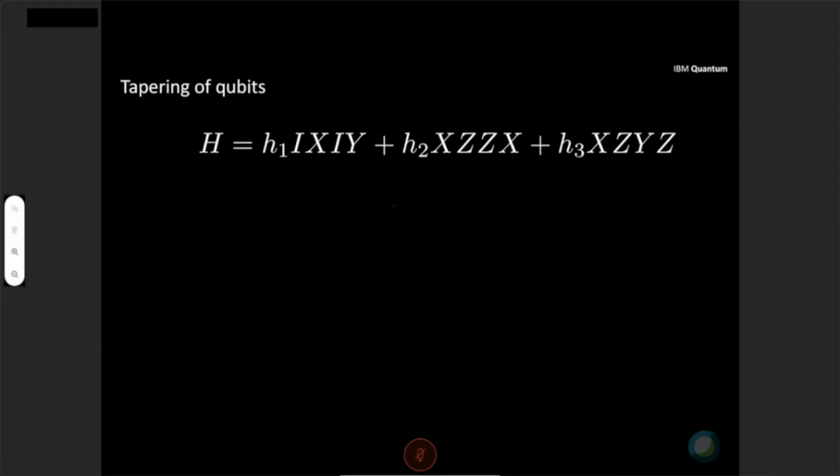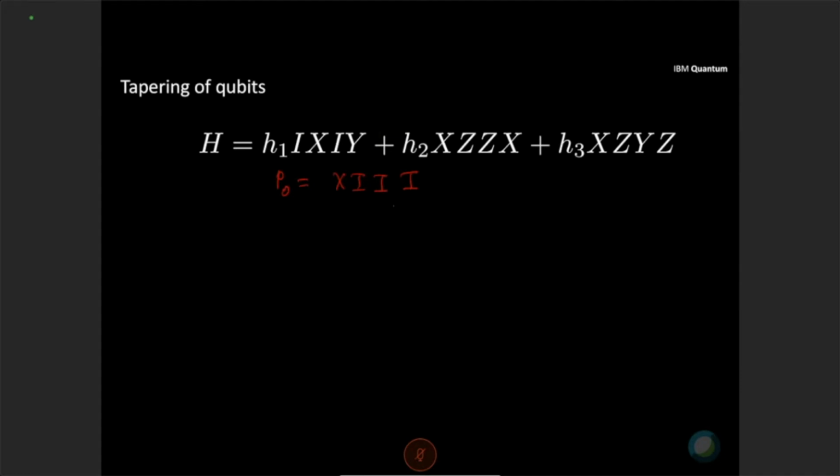Okay. All right. So then the next aspect was tapering of qubits. Can you reduce the number of qubits required in the simulation? Okay. So this is once again the same Hamiltonian that I have up there, an example with 4 qubits. And in this example, if you stare at this long enough, you'll notice that this operator is a symmetry of this Hamiltonian.